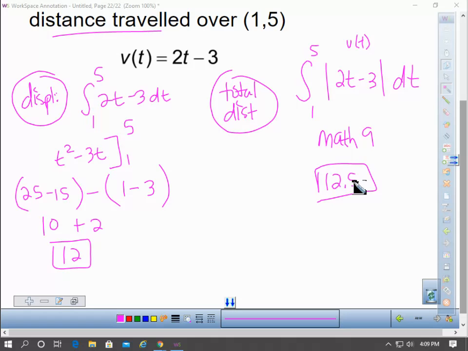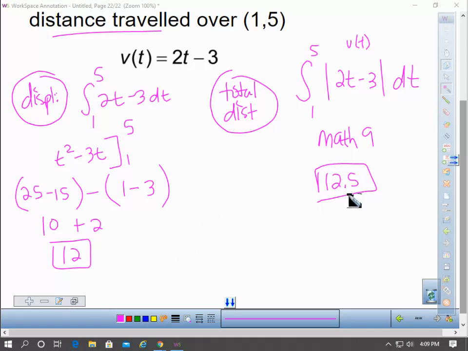I'm 12 from where I started, but I traveled a little bit and came backwards. So maybe I went to 12.25 and then I came back 0.25 to 12. I could have started at 0 and gone to 12, but I could have traveled up to 12.25 and then came back to 12, which means I traversed that 0.25 twice, which is why I actually traveled 12.5 units.